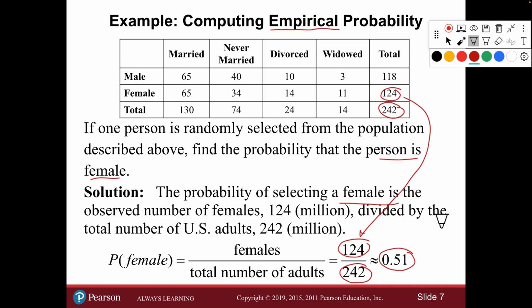We could do the same thing with the males. If we wanted to know the males, that would be 118 over 242. And watch, I can actually do this without calculating because the males are the complement to 100, right? If 51% are females, that means that 49% have to be males.